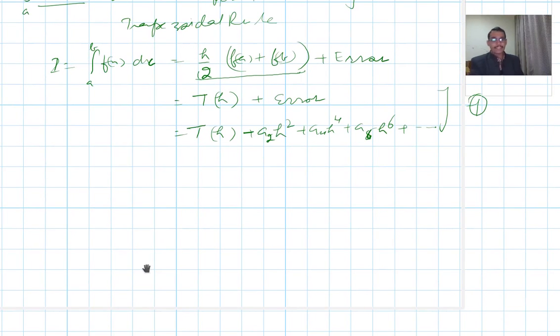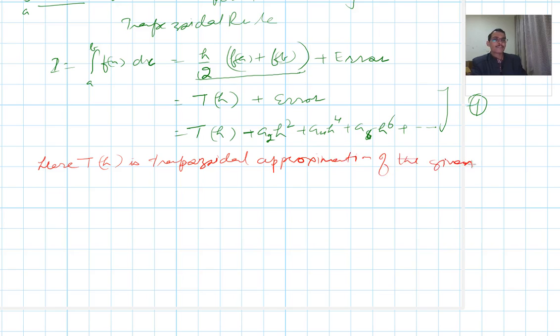So here T_h is the trapezoidal approximation of the given interval with step size, that is b minus a, and let us call it h, right?